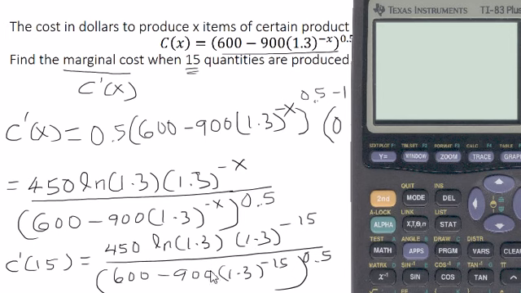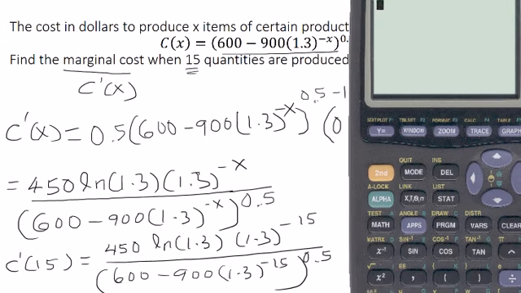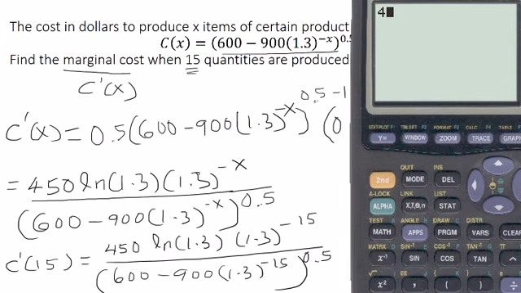So the numerator is 450 times the natural log of 1.3 times 1.3 to the power -15. So parenthesis open, 1.5, parenthesis closed, to the power parenthesis open -15.